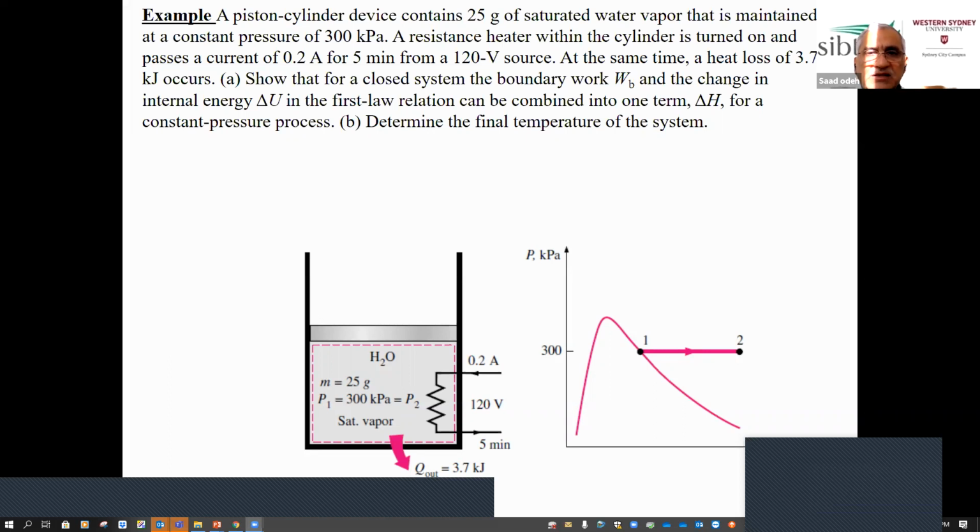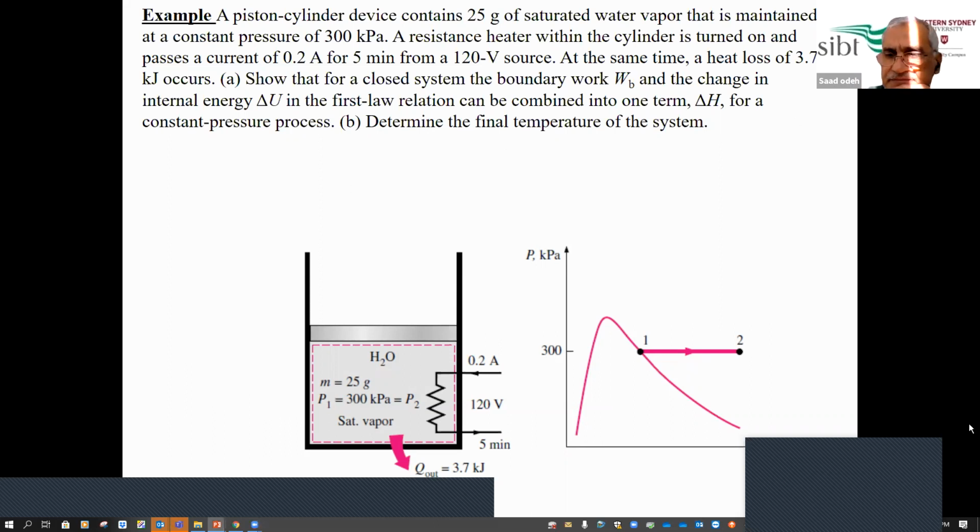So we need to show that the boundary work and the change in internal energy can be combined into delta H for a constant pressure process. And then also we need to determine the final temperature of the system. So we'll take it one by one.